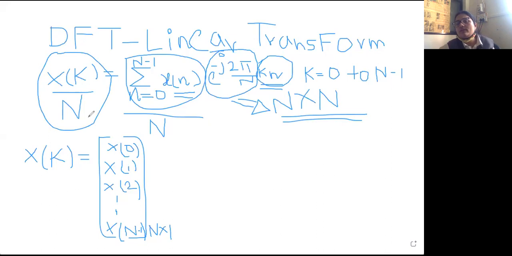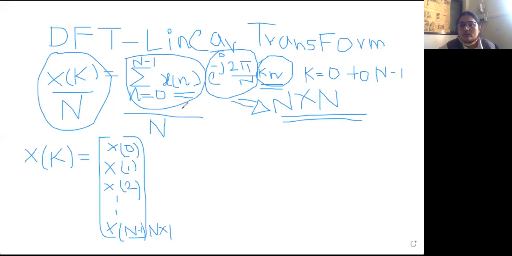We have n output values, and I have represented them by the matrix x of k equal to x of 0, 1, 2 up to n minus 1. Here we have n rows, therefore the size of this matrix is n by 1.